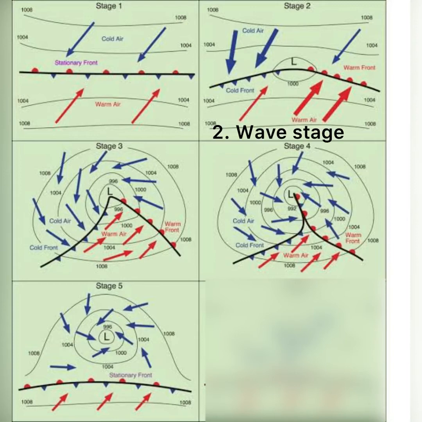The second stage being the wave stage. Cold air mass moves southward onto the west side of the cyclone, and warm air mass moves northward on the east side of the cyclone.